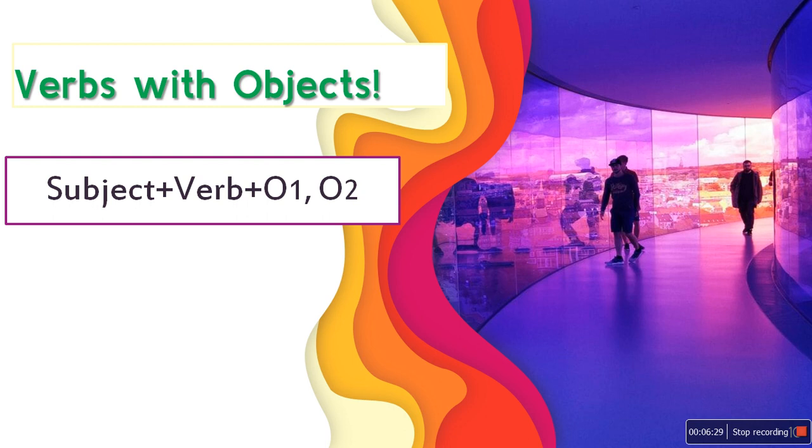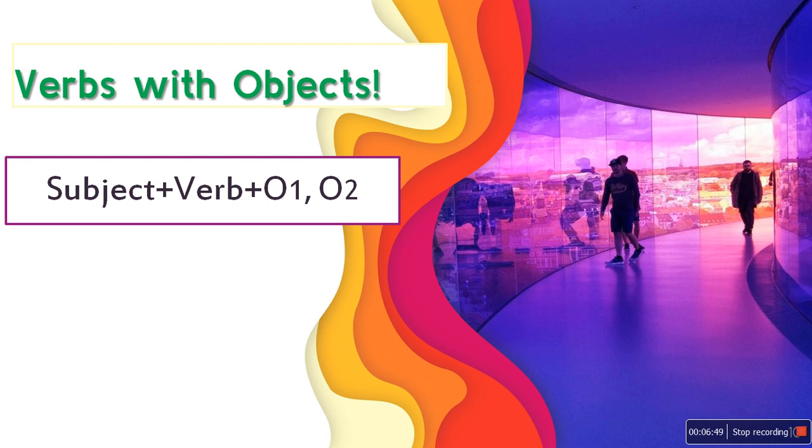We know subject, we know verbs, we also know object. Sometimes there may be one or two objects in a sentence. If there are two objects, we should identify what is direct object and what is indirect object, right?